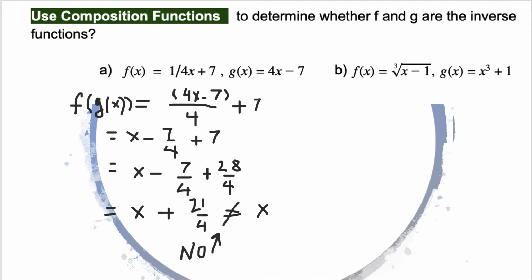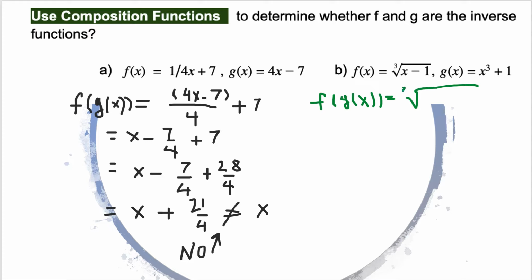But if we go to example B, let me go first to f of g of x. Let me solve this way first and see what I get. Here f of x is a cubic root, so let me write one big cubic root.